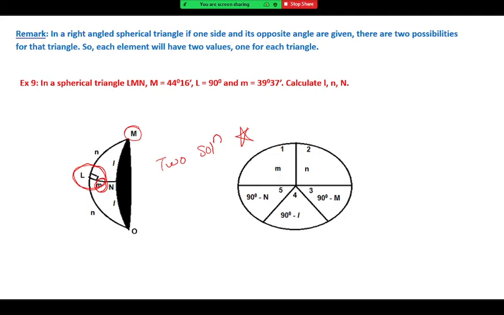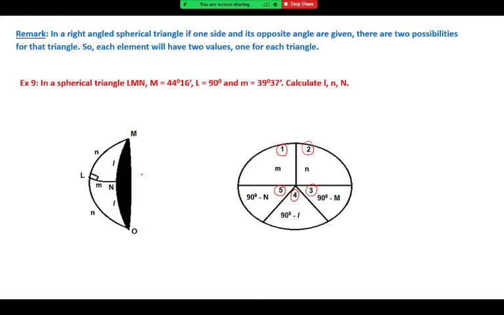First of all, we have to create Napier's circle. In Napier's circle, we give the numbers 1, 2, 3, 4, and 5 to the parts of the circle. Capital L is the 90 degree.